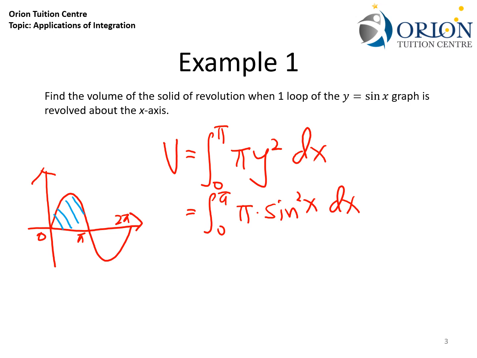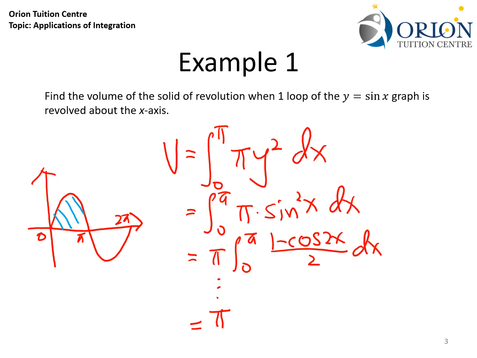And we have learned how to integrate a sine square x function earlier by simply using the double angle formula. Okay, so this becomes pi integration from 0 to pi of 1 minus cosine 2x divided by 2 dx. And if we proceed to solve this integration, we will get the volume of this to be pi square cubic units.